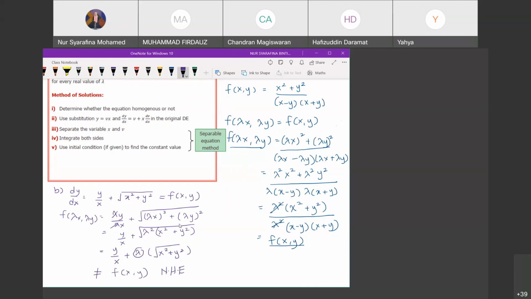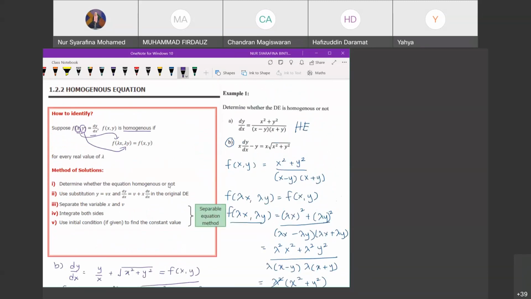Okay, clear? So anyone has question on how to prove the function is homogeneous or not? No question? Okay, now how can we solve the homogeneous equation? That is how we prove those lambda part on proving only. So first, you should determine whether the equation is homogeneous or not.